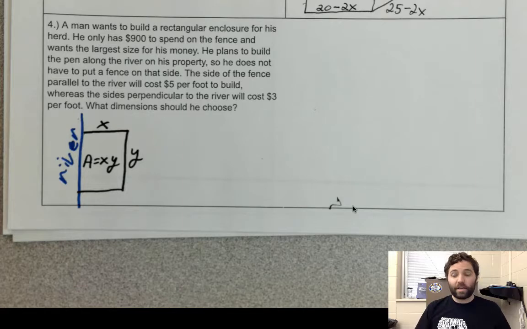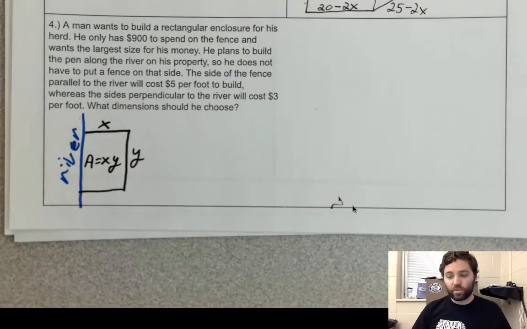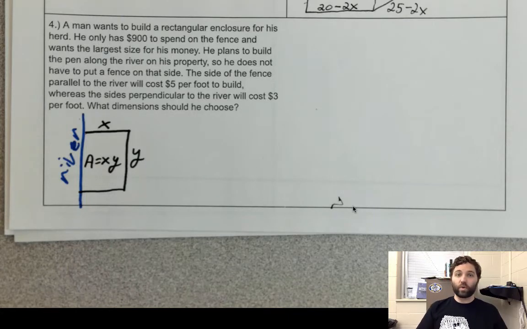So in a lot of these examples, except for the last one, we have two unknowns. And in order to remedy that problem, we usually need to find a second equation so that we can use our techniques for two equations and two unknowns. The other information that we're given here, the other constraint, is that we can only spend $900. So that's where my other equation is going to come from.